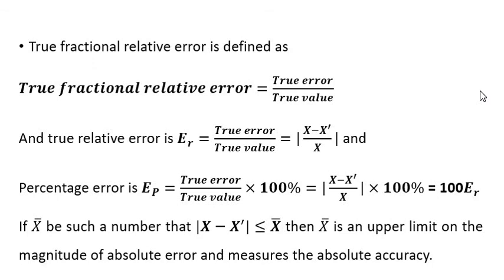Percentage error is defined as EP equals true error divided by true value into 100%, that is absolute value of x minus x dash divided by x into 100%. So it is 100 times ER, where ER represents the true relative error. If x bar is such a number that mod x minus x dash is less than or equal to x bar, then x bar is an upper limit on the magnitude of absolute error and measures the absolute accuracy.